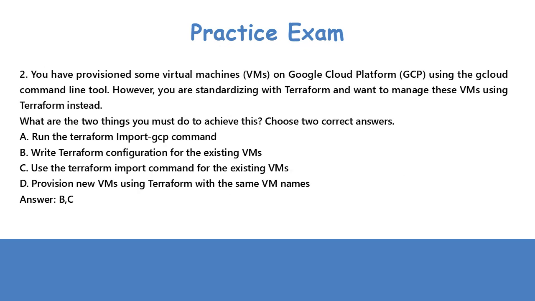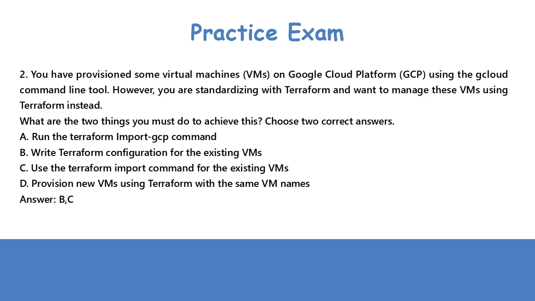2. You have provisioned some virtual machines, VMs, on Google Cloud Platform, GCP, using the gcloud command line tool. However, you are standardizing with Terraform and want to manage these VMs using Terraform instead. What are the two things you must do to achieve this?